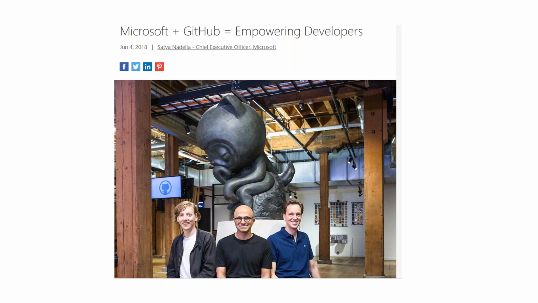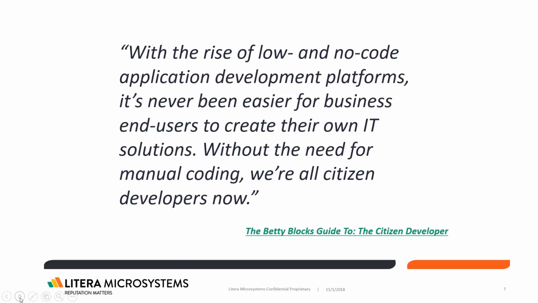But the point is that we are all seeing tools coming out of our number one platform, Microsoft, that are all designed to empower the developer, whether that developer is a quote unquote professional developer, meaning their skills and career are focused on developing with development languages, or, interestingly, more along the lines of that citizen developer.